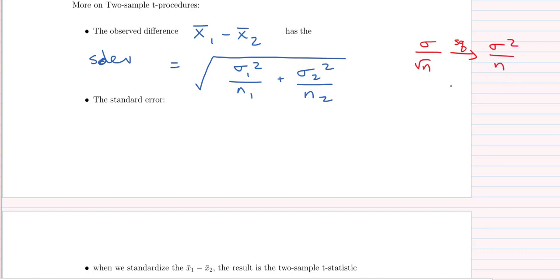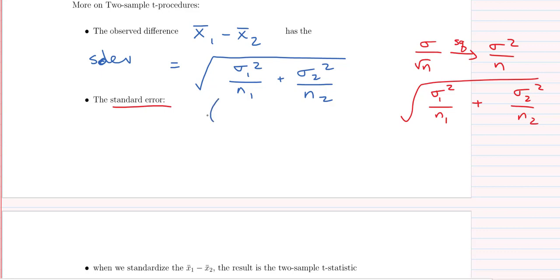So now if we have two different sampling distributions, sigma 1 squared over n1 and sigma 2 squared over n2, what we're doing here is we're combining them. And then we're taking the standard deviation. So we're sort of working backwards in that way, but we're combining the two standard deviations for the two different sampling distributions. And the standard error is just the standard deviation without sigma.